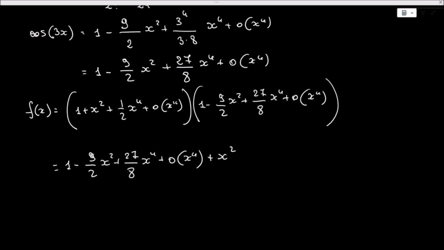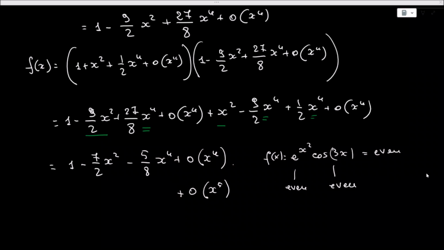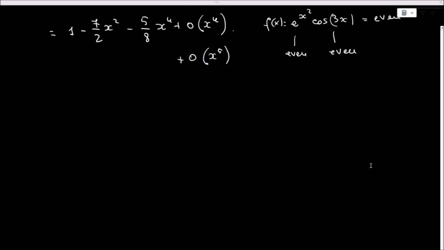We see that we have this term with x squared and this term with x squared, and instead we have also this term with x to the 4, this term with x to the 4 and this term with x to the 4, and if we do this multiplication we can easily find that this is 1 minus 7/2 x squared plus, or let's consider now another example of composition.